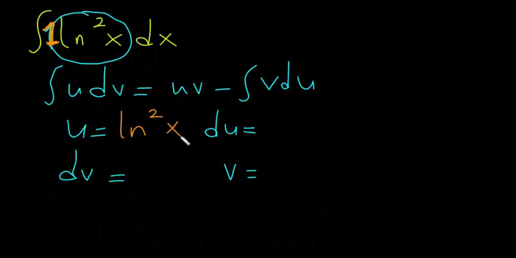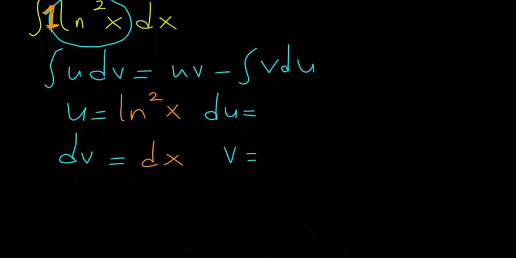We are going to use ln squared of x as the value of u, and dv is going to be 1. So instead of just writing 1 dx, we can simply write it as dx. And so now we need to evaluate the value of du and also the value of v.